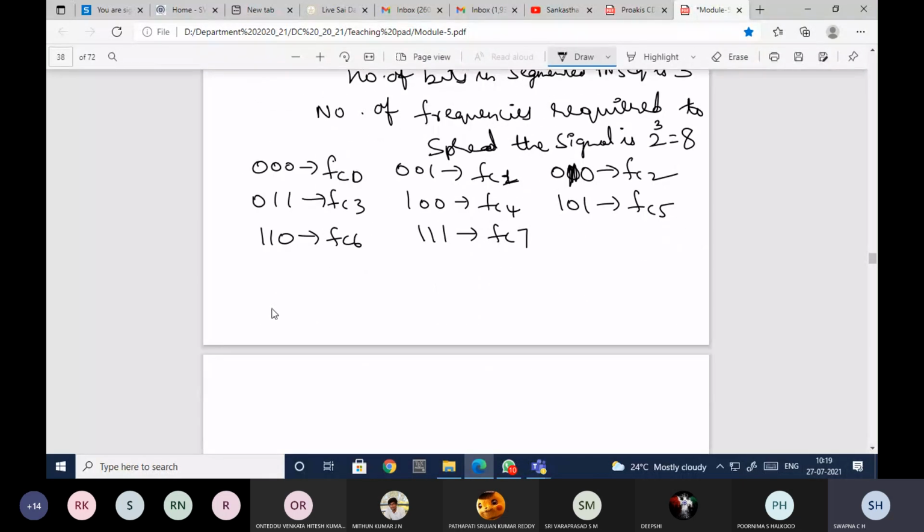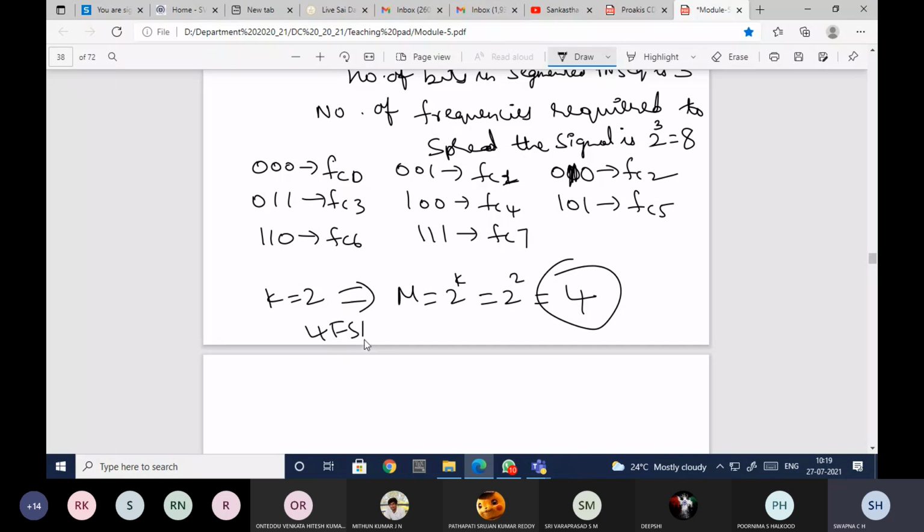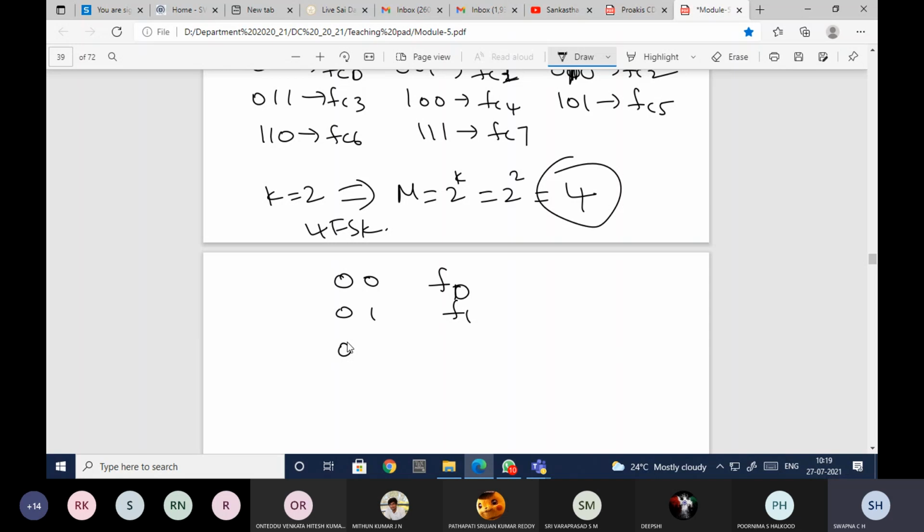Here he is saying that the number of bits in a symbol is 2, which means the k value is 2. If k is equal to 2, M will be equal to 2 power k, which is 2 squared, that is 4. So I need 4 FSK frequencies here. 0, 0 can be represented as F0, 0, 1 as F1, 1, 0 as F2, and 1, 1 as F3.